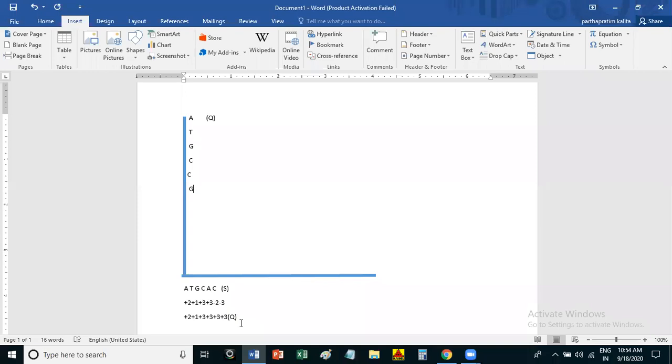So if gap is more in a DNA molecule, then percentage of identity will be less, and total score will be less. Gap means there are no nucleotides, and you will get a minus score. So gap plays a role in giving your percentage of identity or your score. If gap is more, automatically your total score will be less and your percentage of identity will be less.